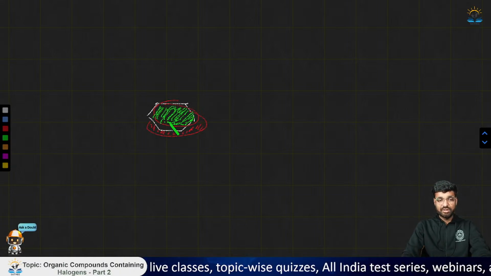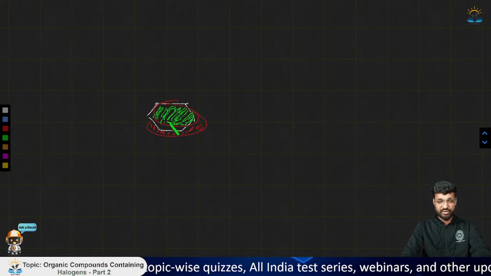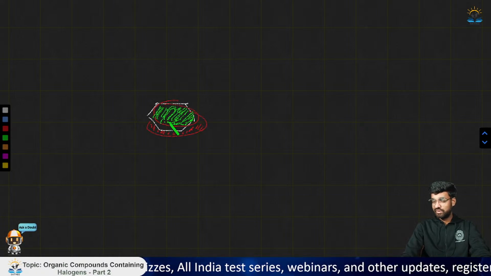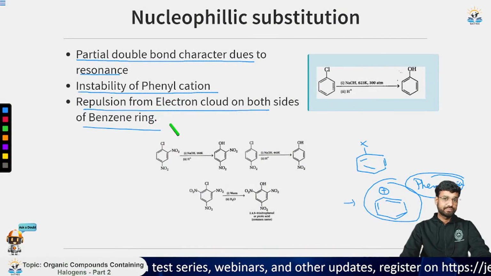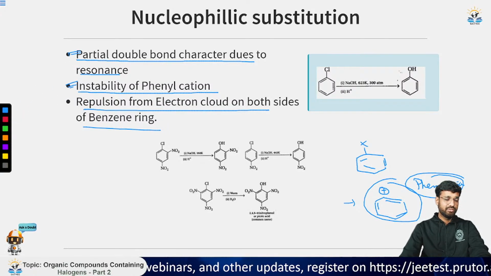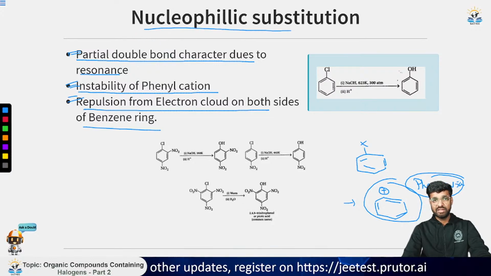Electrons have the nature of a negative charge, so they will repel the incoming nucleophile, and it will become difficult to do the nucleophilic substitution. Due to these three reasons that I have given, it is difficult for a halogen group to do the nucleophilic substitution.